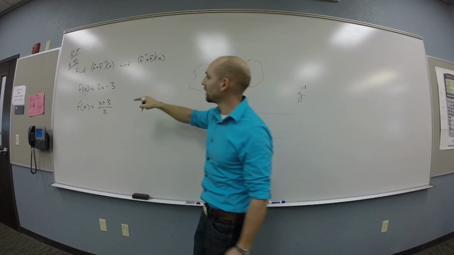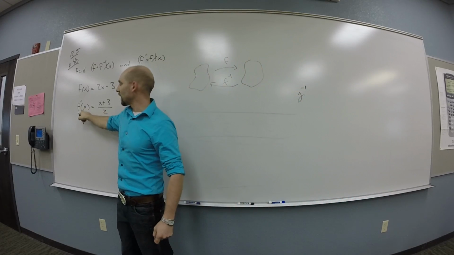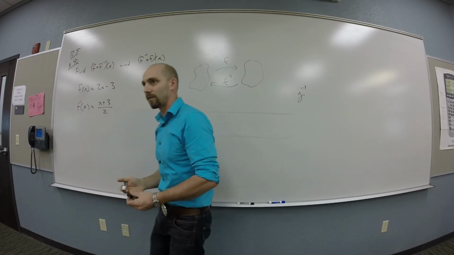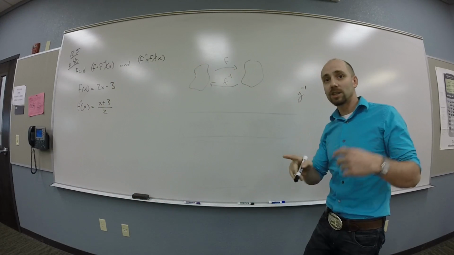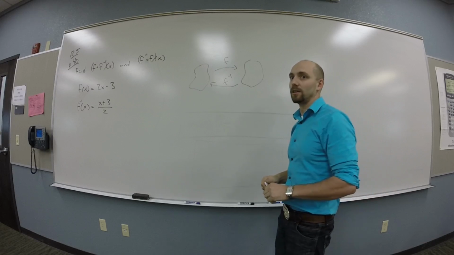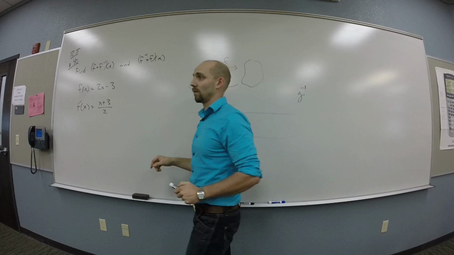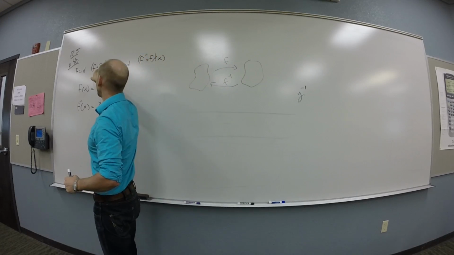But this guy has an of x, so it's a rule name, which means it's the rule that undoes f. That is a very tricky thing. So f of f inverse means the composition.